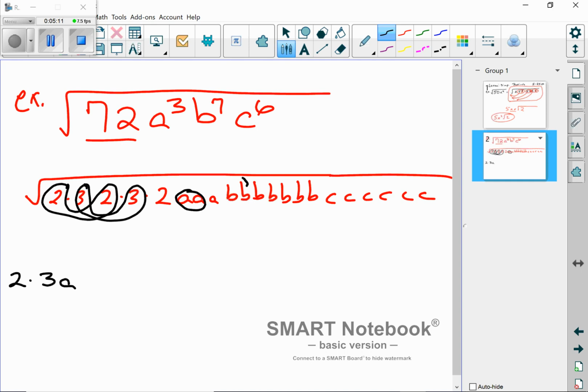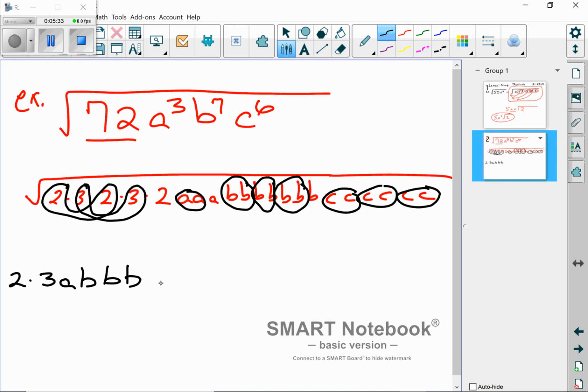A pair of b's: remember, when you find a pair of factors, one representative of that pair comes out. So that pair of b's has one b to come out. I have another pair of b's, so I have another b. I have another pair of b's, so I have a third b to come out. All right, c's: I have 1, 2, 3 pairs, so c, c, c. All right, so now it's time to put everything together.